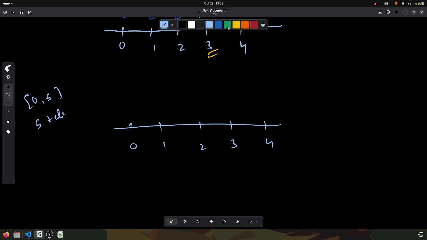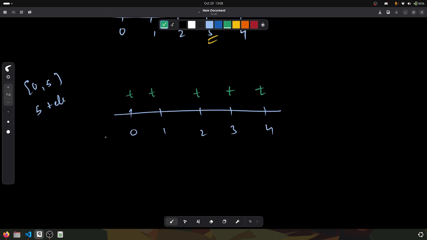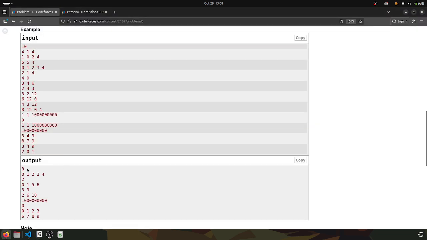So if we need to place 5 teleporters, then obviously one of the teleporters will be on these, and that will make the minimum distance 0. So it doesn't really matter how we place them, the minimum distance will be 0 only, right? So we can just simply place them like this, the 5 of these. So 0 will be the answer for this.